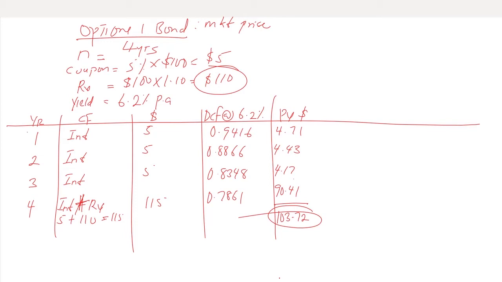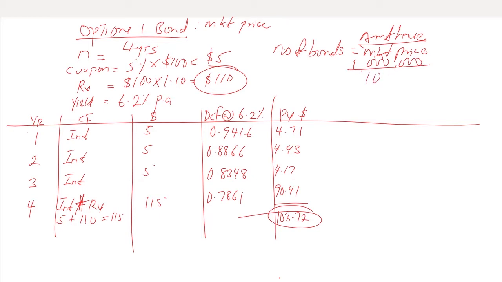Now, like I told you, they have 1 million. So the number of bonds will be the amount they have divided by the market price. So if a company is selling their bond for 103.72 and you have 1 million, that will be 1 million divided by 103.72. So help me out.